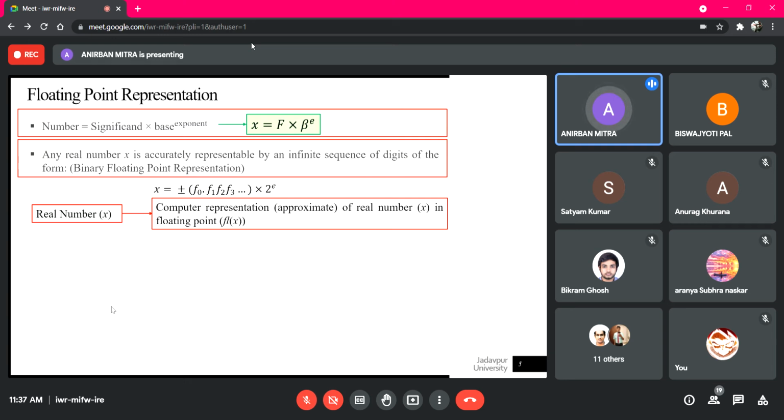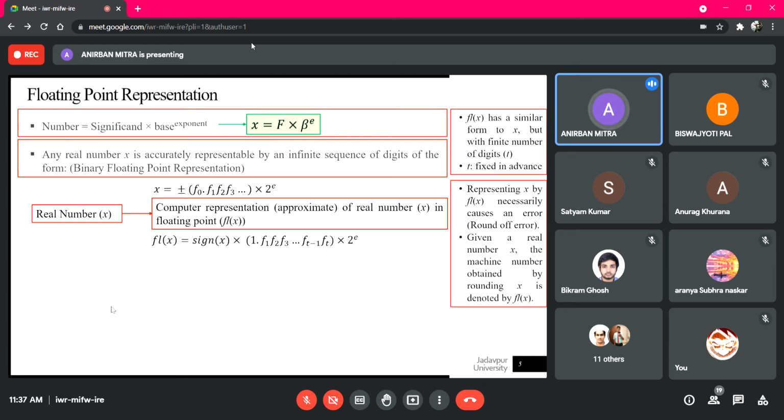This is going to be similar in form to the real number. So we can write fl(x) as sign of x multiplied by, now we can see that the most significant bit F0 has been replaced by 1 here. Notice the 1. So this is a normalized representation. This is a normal number. So 1, then binary point, then this digit string F1, F2, F3, it continues up to Ft. Now this is where the approximation comes into effect.